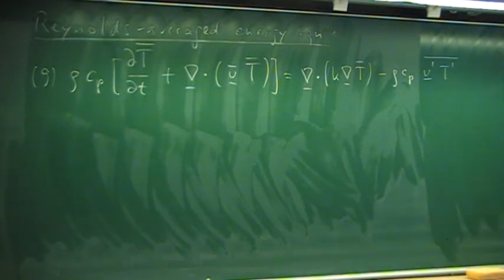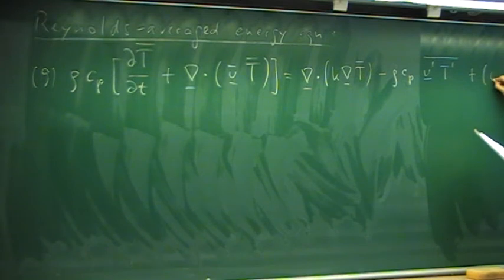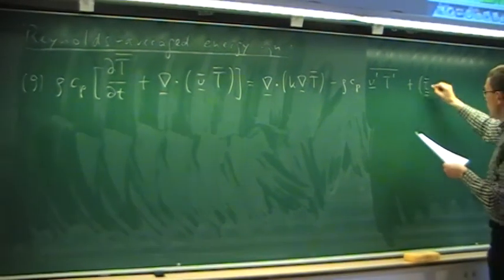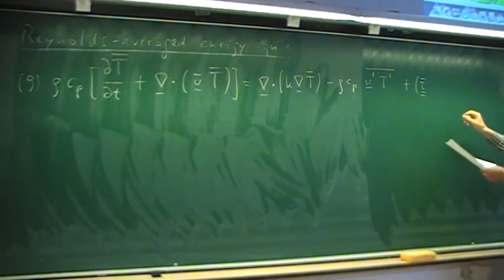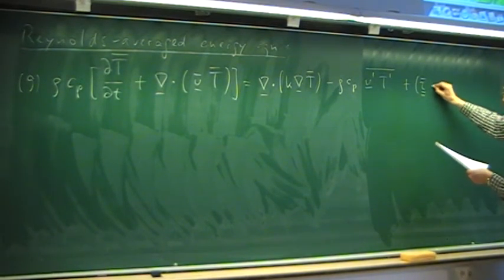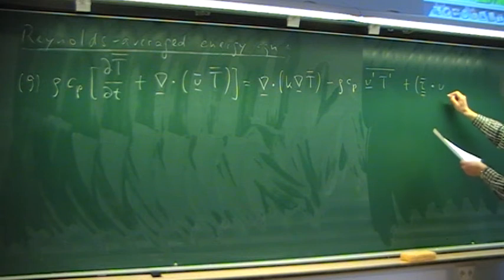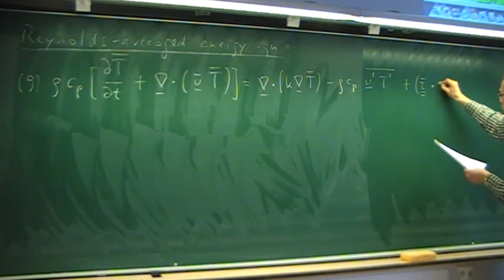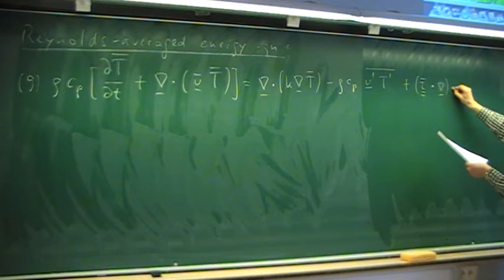So that has also to be modeled. And then we have the contribution, the rate of work done by the viscous forces. And there we have some average, that is the viscous stress tensor average, that is the one we have here. We have the inner product, the dot product with the nabla operator, and then the inner product with the velocity, and that is the mean velocity.